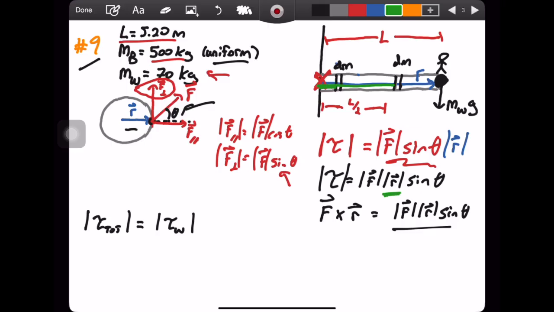If you move further and further away from the axis of rotation, you're going to have more and more torque for the same force being applied. Similarly, if this force remained the same, but this distance where the force is applied gets bigger and bigger, you're going to have more and more torque. So there's more torque from the second differential mass than the first one that I drew.